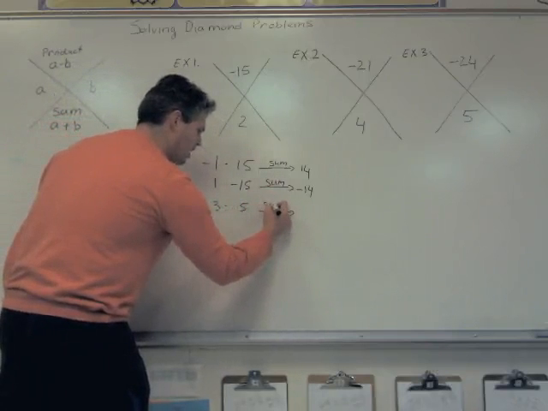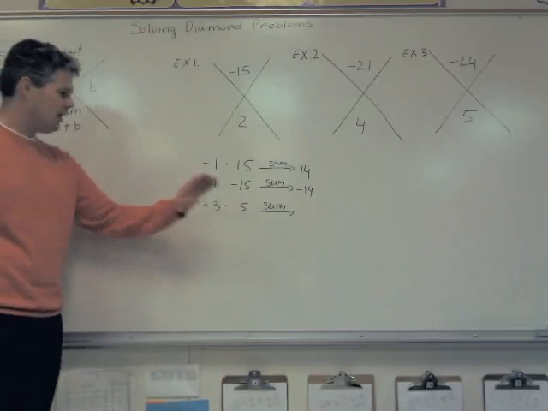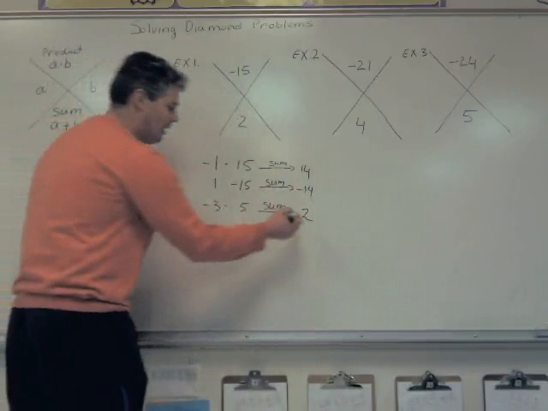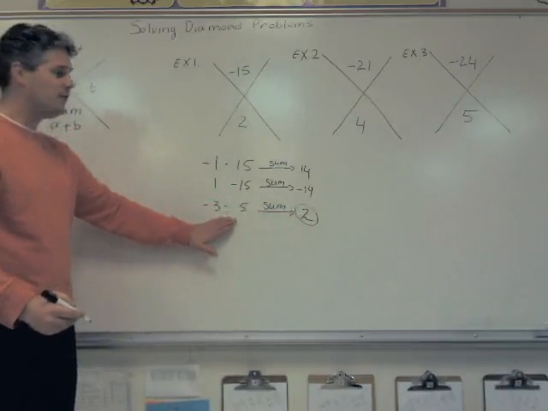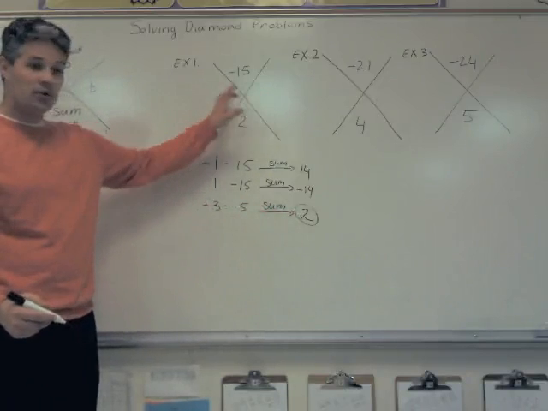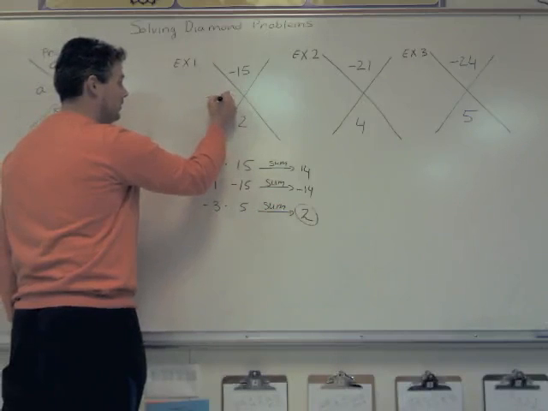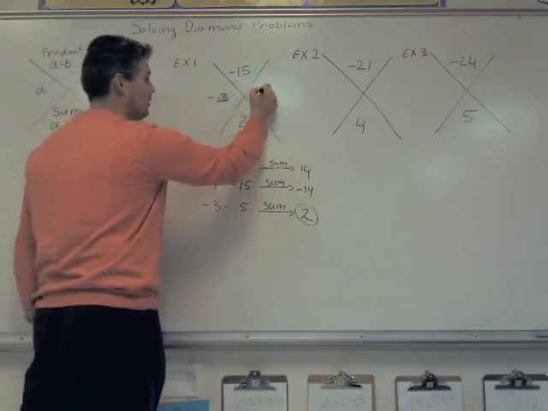When I look for the sum of these two, negative 3 plus 5, that gives me a sum of 2. Now I have a sum of 2 and a product here of negative 15. So my two original numbers, the solution to this diamond problem, will be negative 3 and 5.